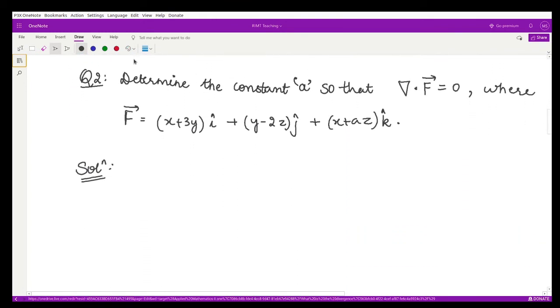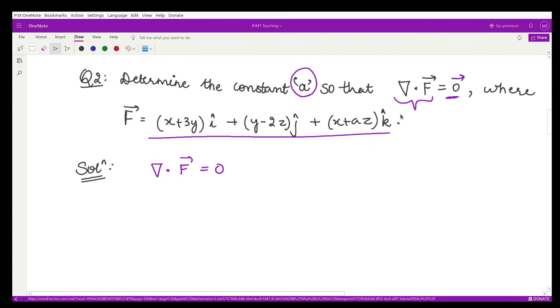The next question: we are to determine the constant a such that the divergence of this vector f is equal to 0. So this is the given vector and we are to calculate the divergence. We are given del dot f is equal to 0, and here you do not write an arrow because 0 is a scalar quantity.